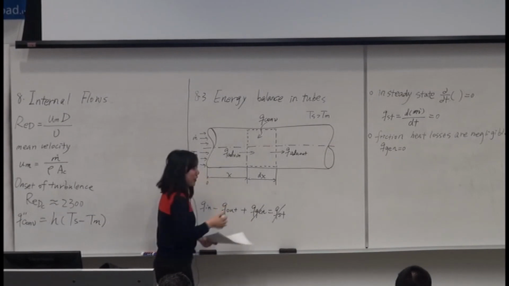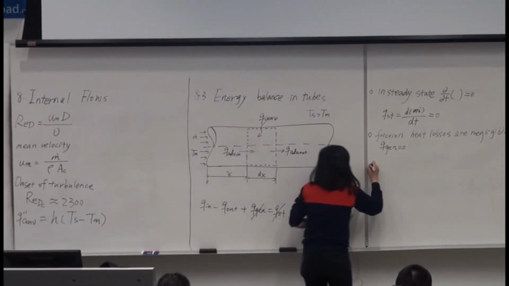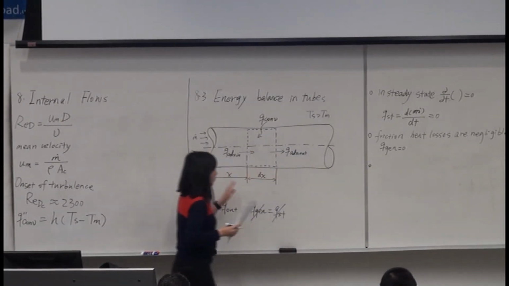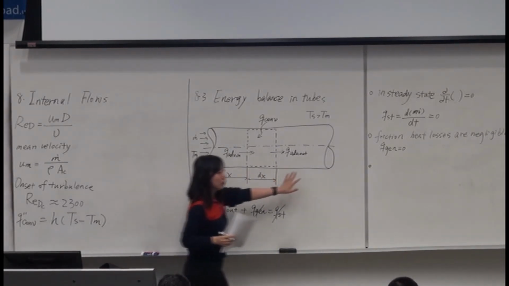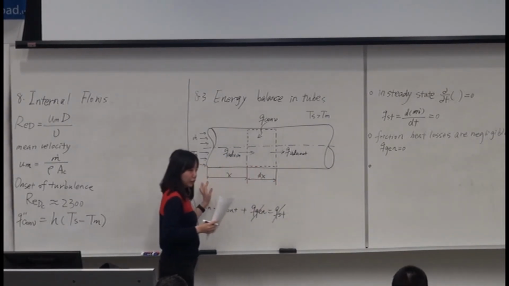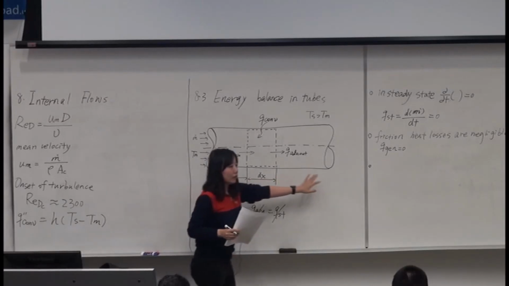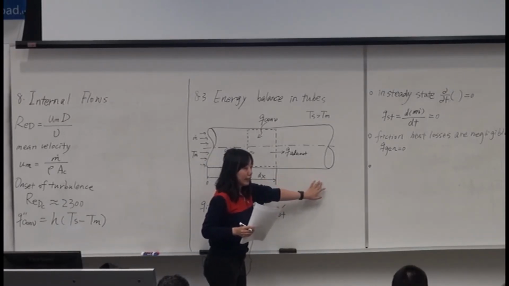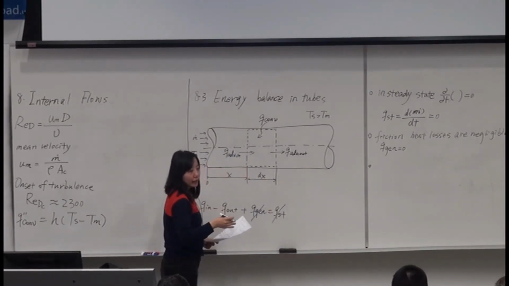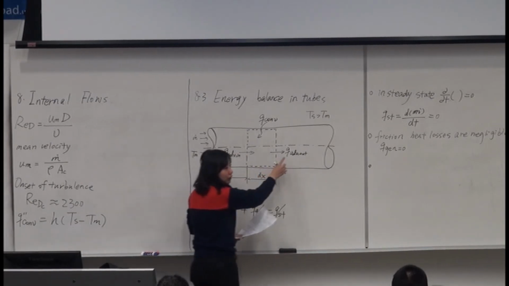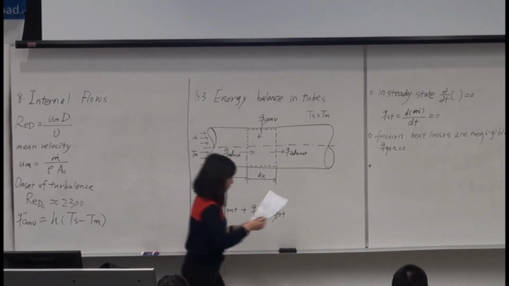Let's make our third assumption here. Due to the temperature difference here and here, there must be conduction. But let's assume it is negligible compared to the vigorous advection.